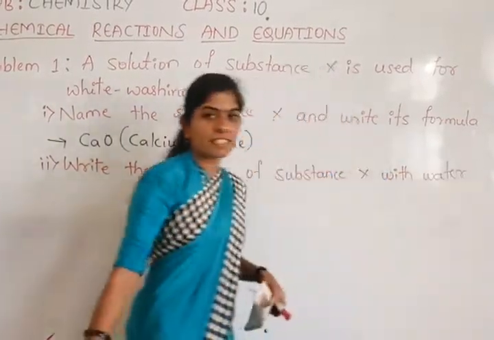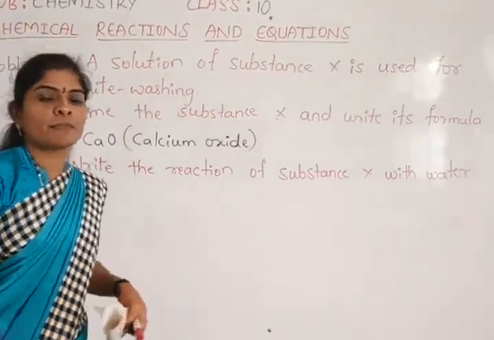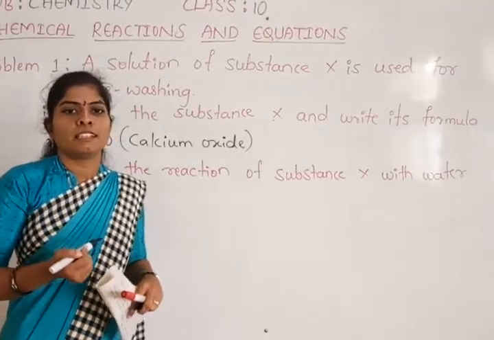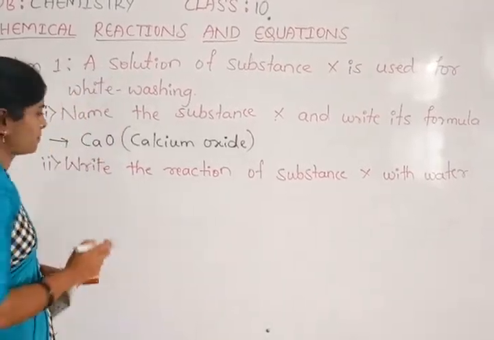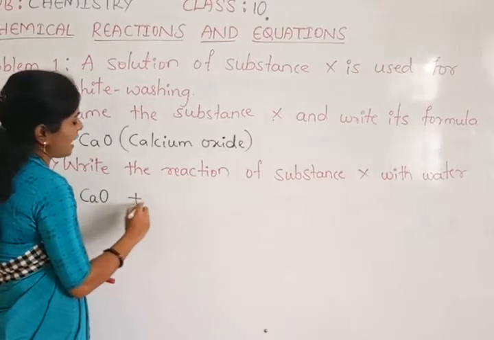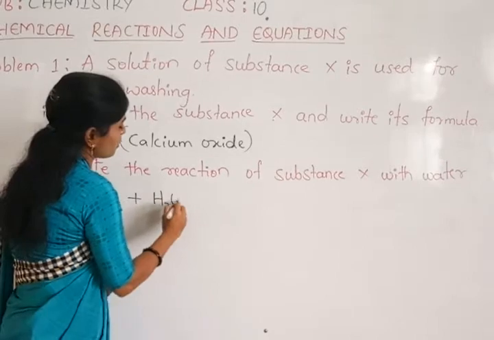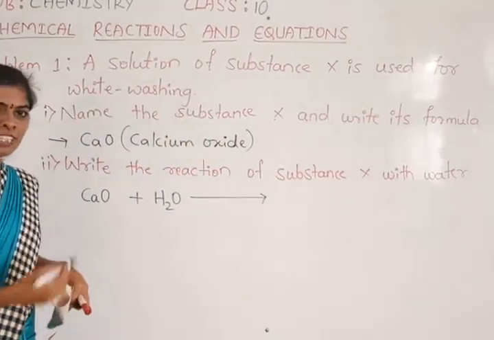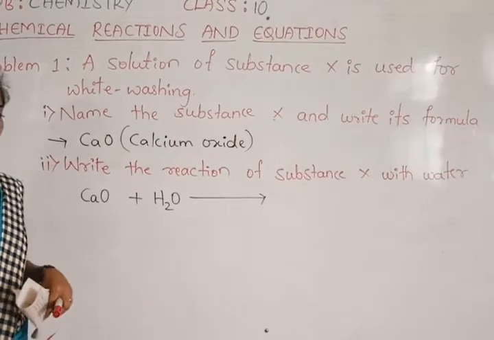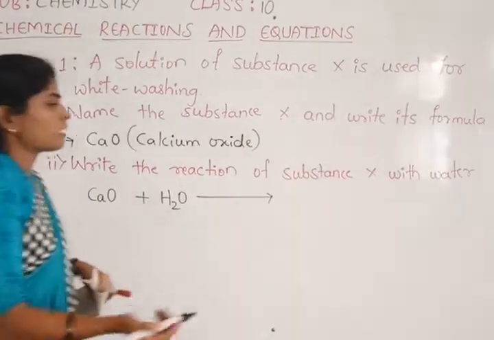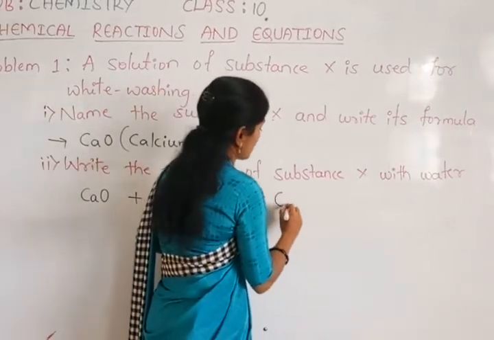So can we write the reaction? When calcium oxide reacts with water, what are the products formed? Try it. Is it a combination reaction? Yes. Then how many products will be formed? Only one product. And what is that product?